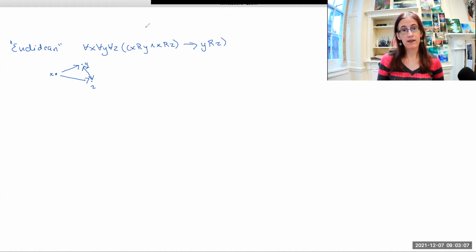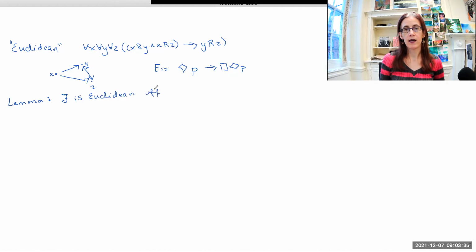This frame condition is going to correspond to a formula that we will call E, because it's for the Euclidean property, and that is possibly P implies necessarily possibly P. So our lemma is: some frame F is Euclidean, that means that it satisfies that frame property, if and only if the formula possibly P implies necessarily possibly P is valid on the frame.